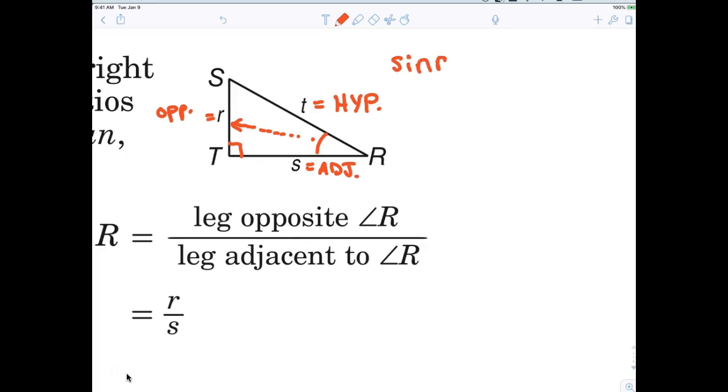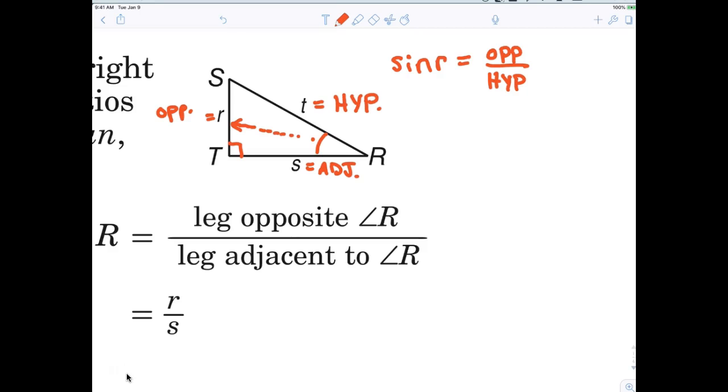So again, if I said the sine of R, you don't even have to write this down yet because we're going to write it 100 times. I just want you to listen. The sine of R is defined as the opposite over the hypotenuse.